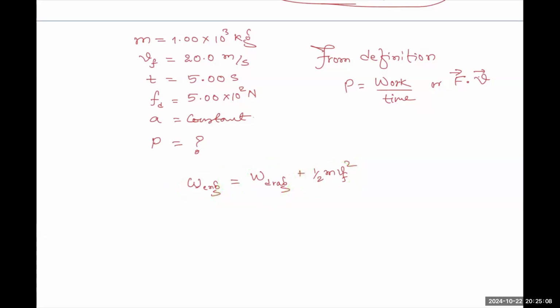And we know the drag energy is what? Drag force times the what? Displacement, right? Make sense?